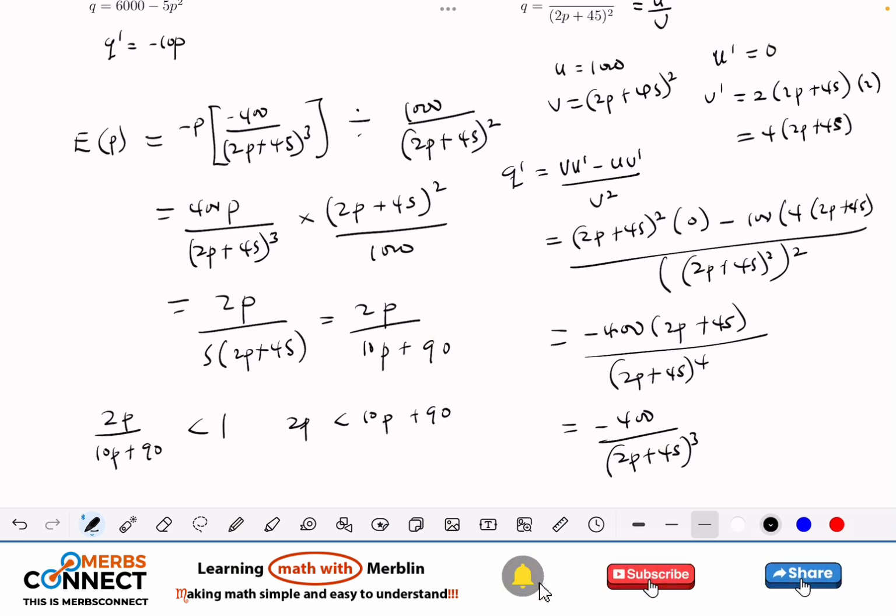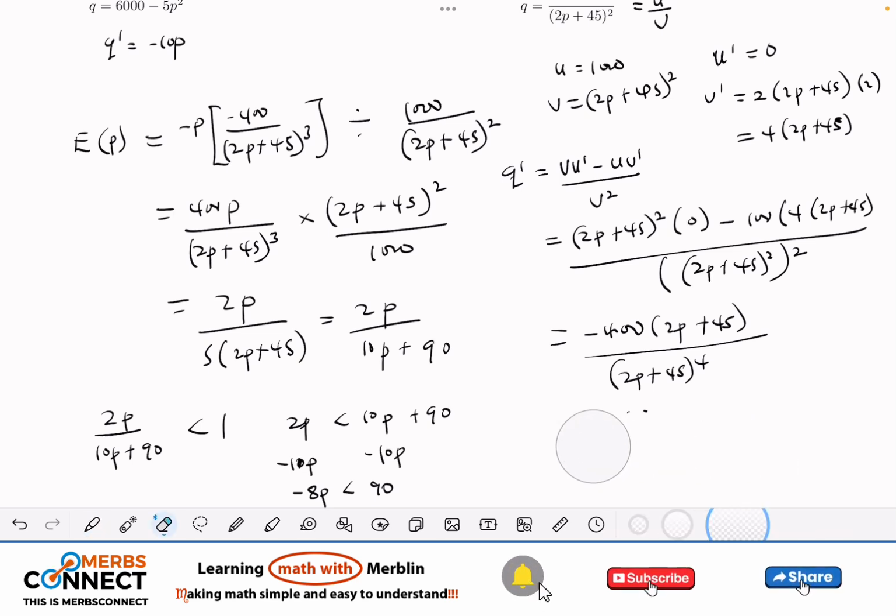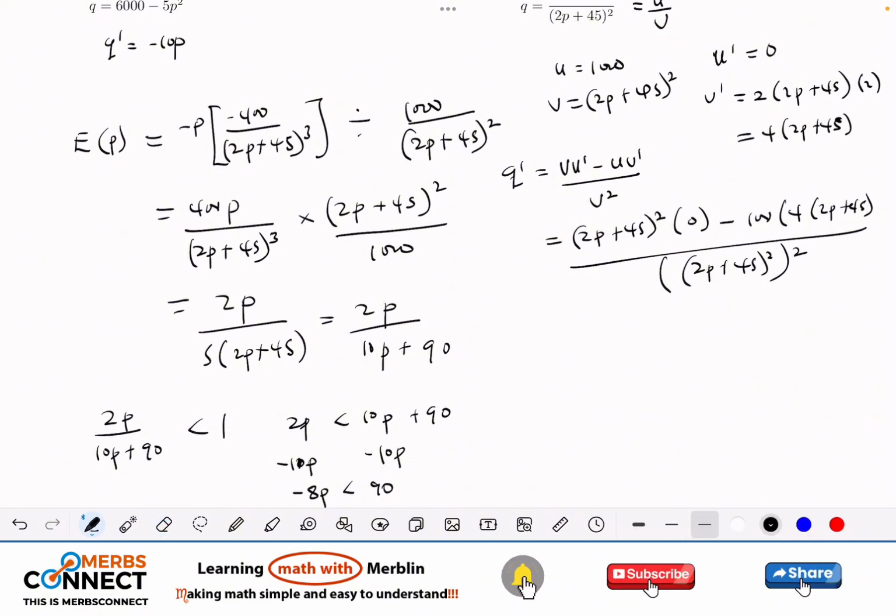So what I'm going to do is I'll subtract 10P here, 10P here. So it's going to be minus 8P less than 90. Wow, interesting. So what are we going to get? I have minus 8P less than 90.